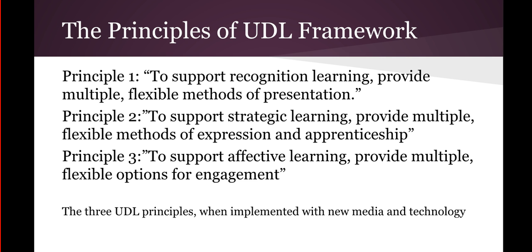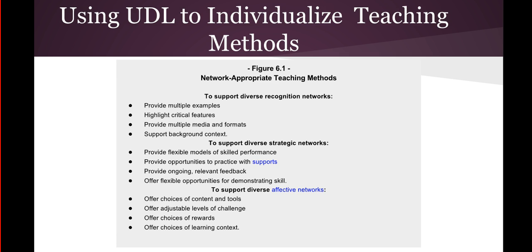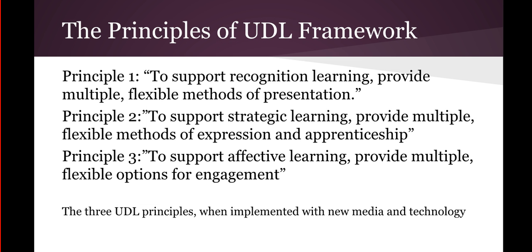And Principle 3, to support affective learning, provide multiple flexible options for engagement. The three UDL principles share one common goal: to provide students with a wider variety of options in order to accommodate a broad spectrum of learners. The Universal Design curriculum requires a diverse range of options for accessing, using, and engaging with learning materials.